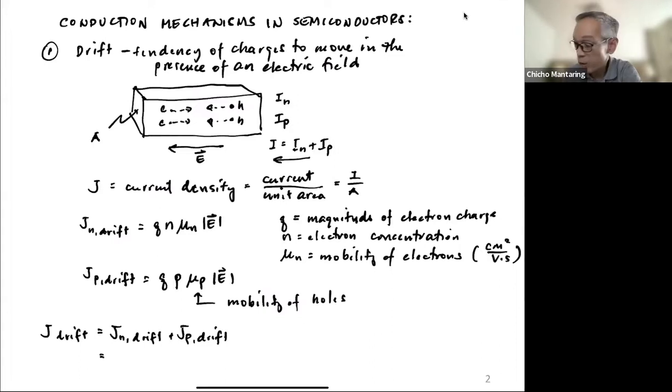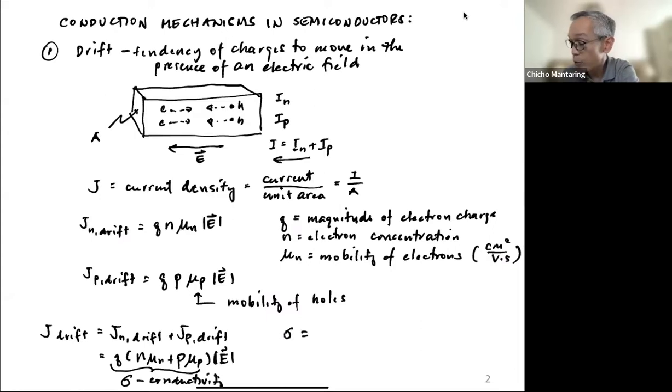So if I combine, you have q times n mu_n plus p mu_p multiplied by the magnitude of E. Where this term is now called your conductivity. And sigma is equal to 1 over rho, where rho is your resistivity.